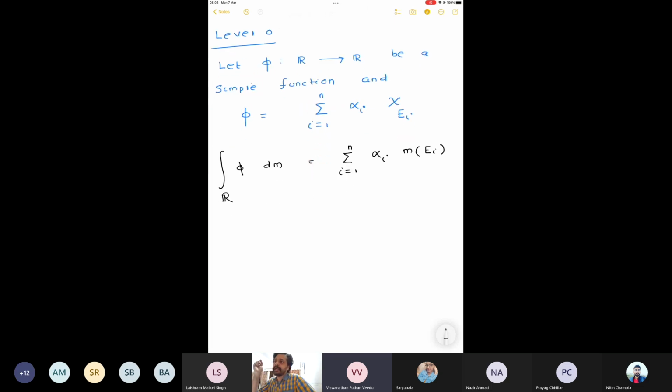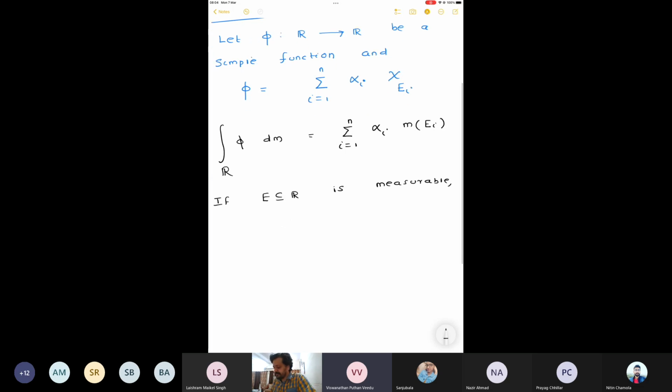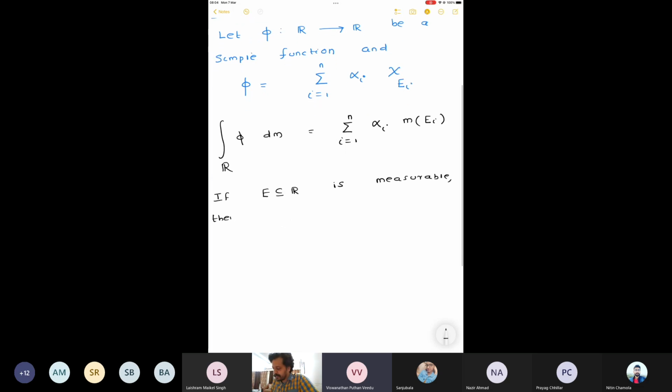And if you want to handle the integral over a measurable set, not necessarily R, then we can handle it in a variety of ways. One easiest way to handle this is the following.